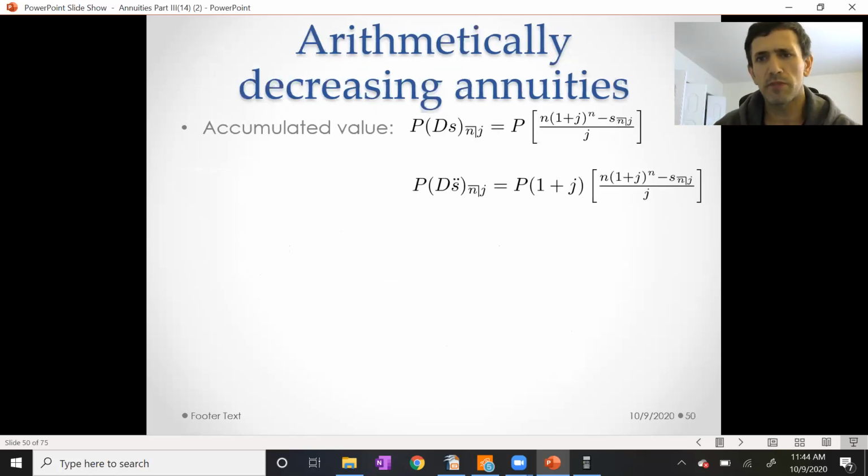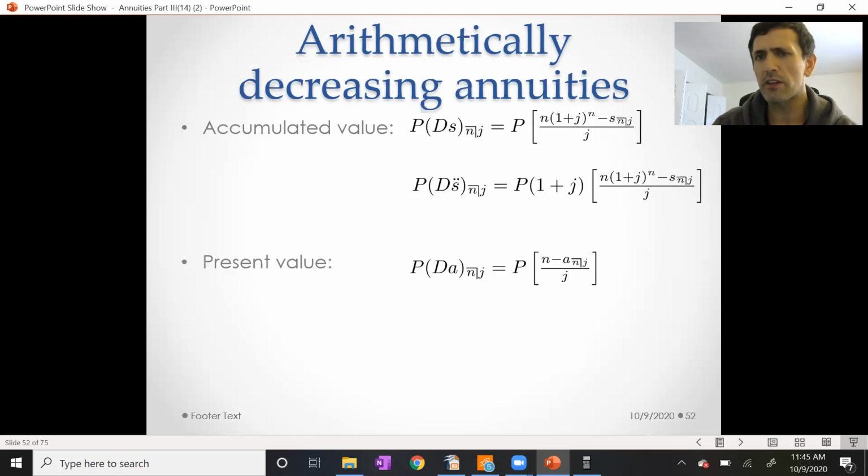And hence, you multiply by 1 plus j, which is as usual, if you think about it. The only difference between the accumulated value of an annuity immediate and an annuity due is that in an annuity due, everything accrues one more period of interest.